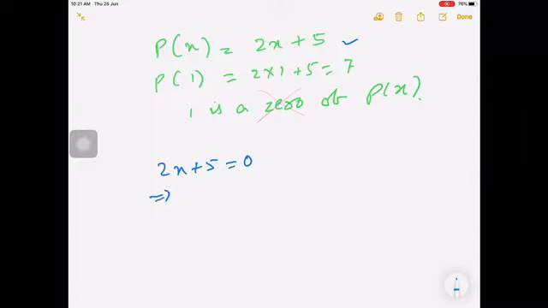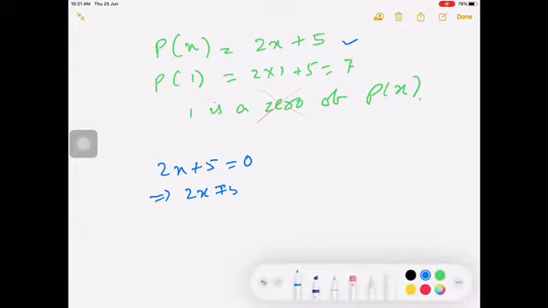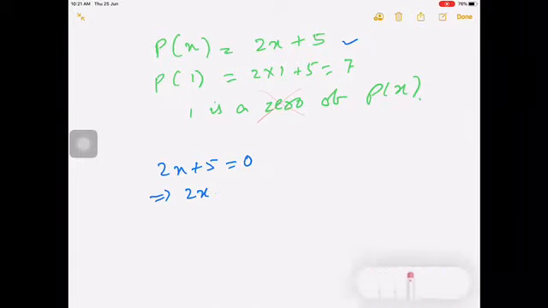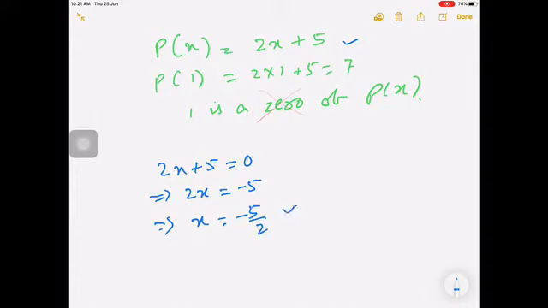Now, it will become 2x equal to minus 5. That means x equal to minus 5 by 2.